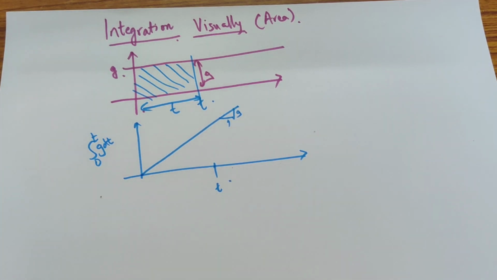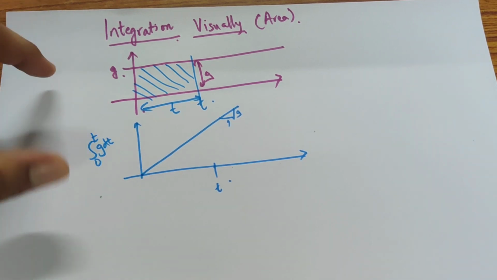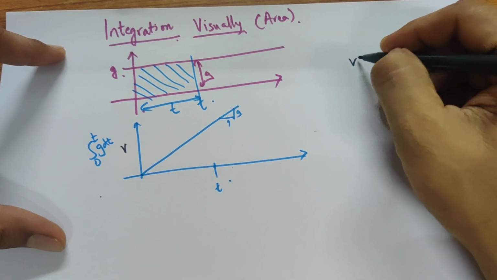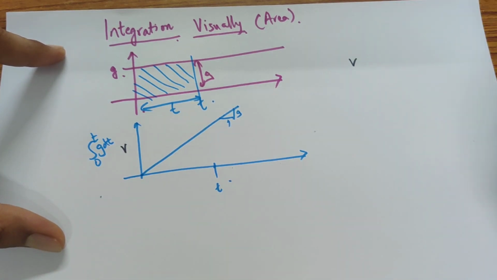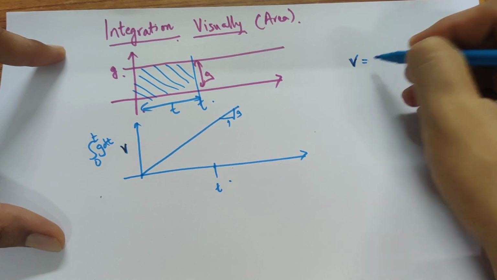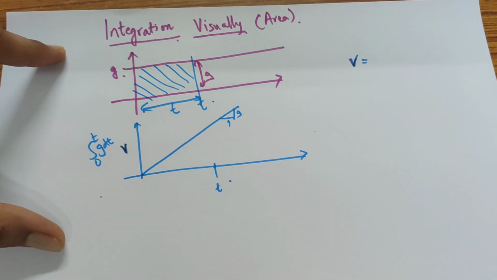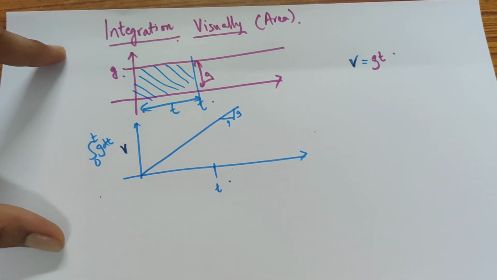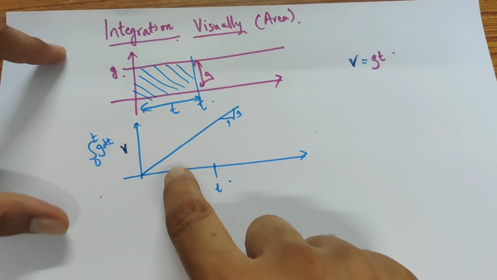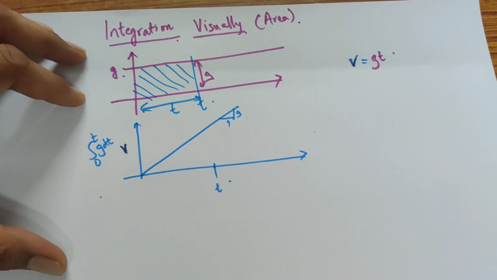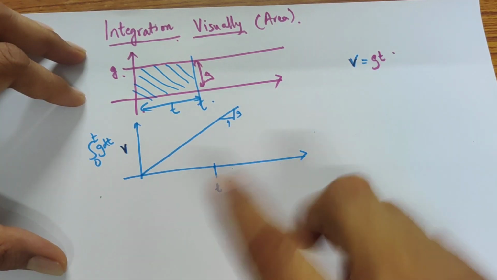So if I have a constant acceleration, then something like velocity v is equal to your original g times t. That's the linear curve that you get, and this is what happens if you drop a ball. The velocity of the ball keeps increasing.